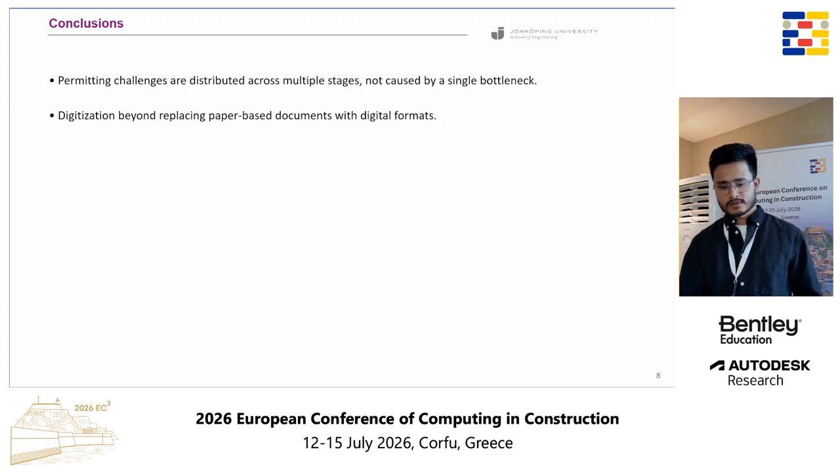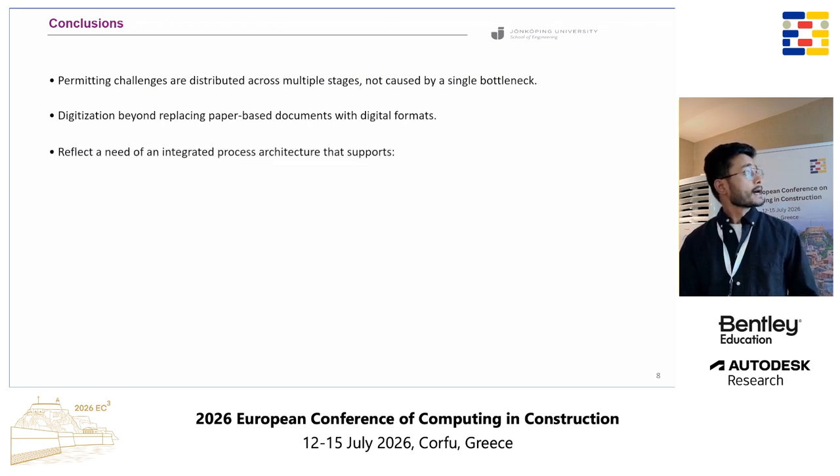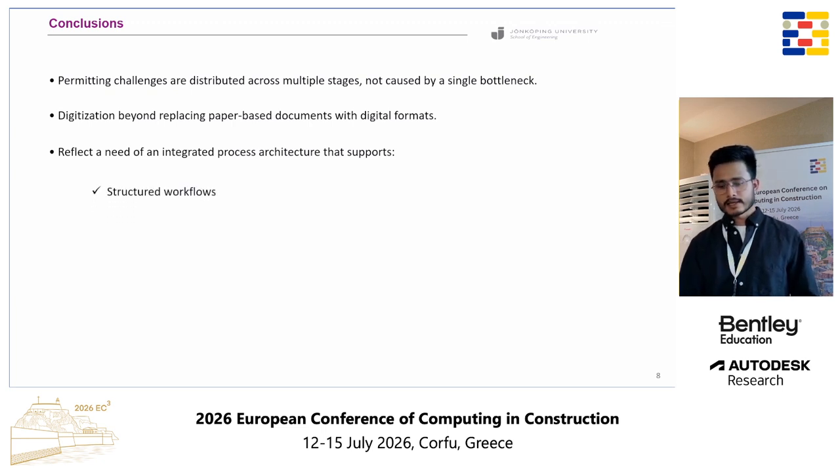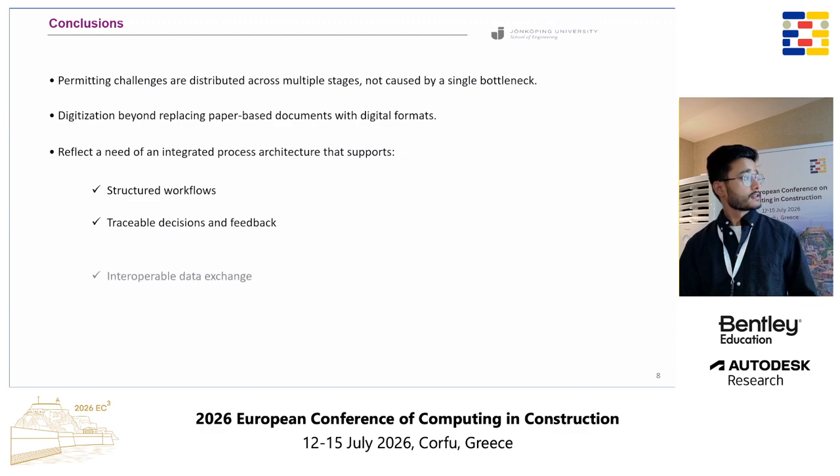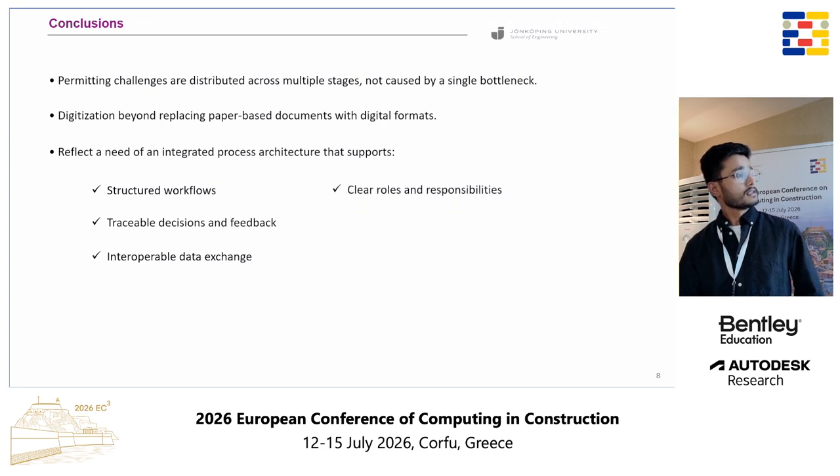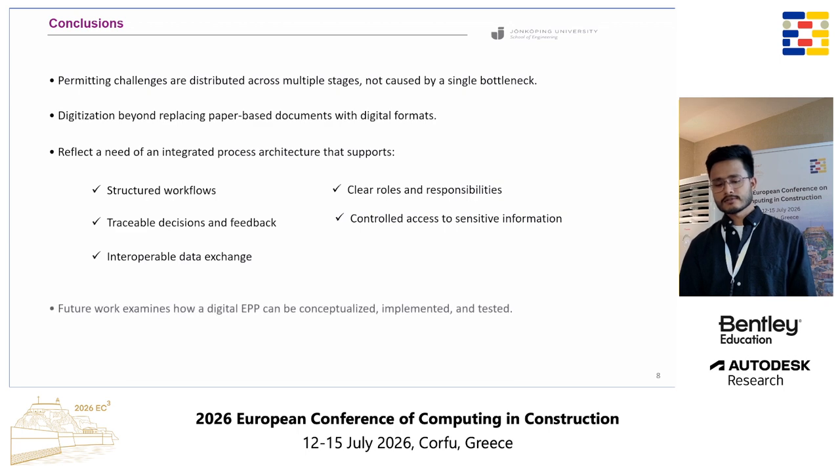So there is a need to go beyond these paper-based documents, and it reflects a need for an integrated process architecture that can support structured workflow, traceable decision and feedback, interoperable data exchange, clear roles and responsibility, and controlled access to sensitive information.